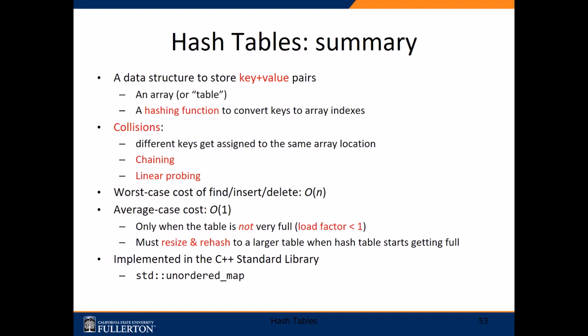But this average case performance happens only when the array is not very full, and this is measured by the load factor. As a table starts getting full, it is necessary to dynamically resize and rehash the contents to a larger table to keep the load factor low. And finally, all of these details are hidden if you just use the C++ standard library's implementation of a hash table, which is called an unordered map.